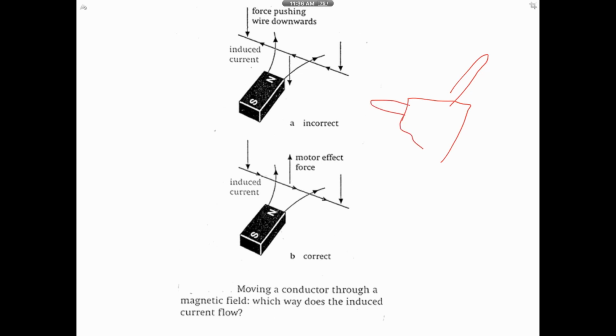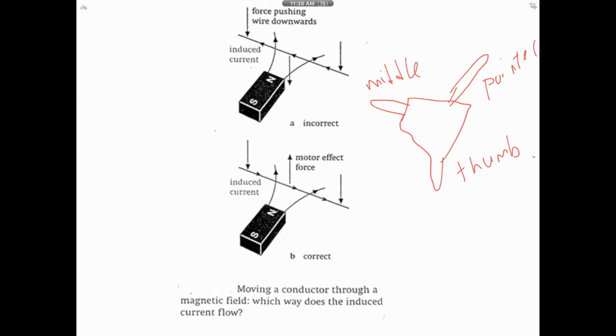This is how my thumb looks like. So this is my pointer. This is the middle finger, and this is the thumb. Okay, so can you see the force is downwards?